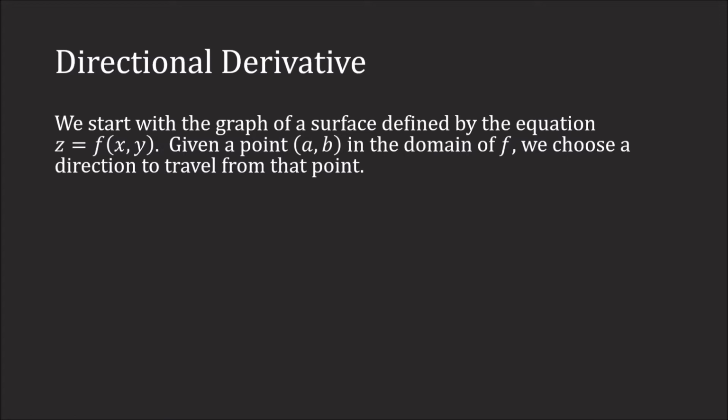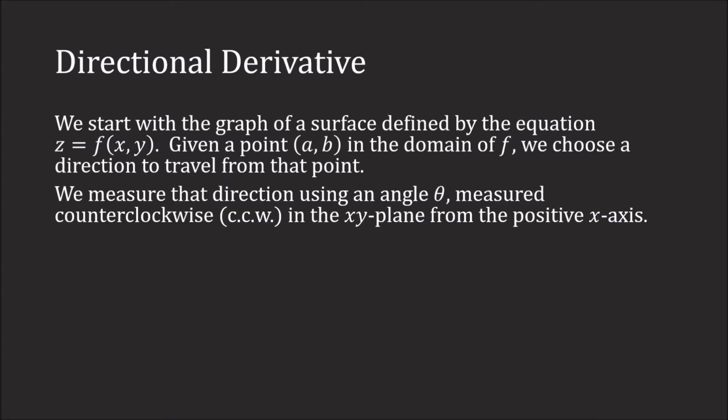We measure this direction using an angle theta, measured counterclockwise (CCW) in the xy plane from the positive x-axis. So the angle is measured as we would normally measure an angle.